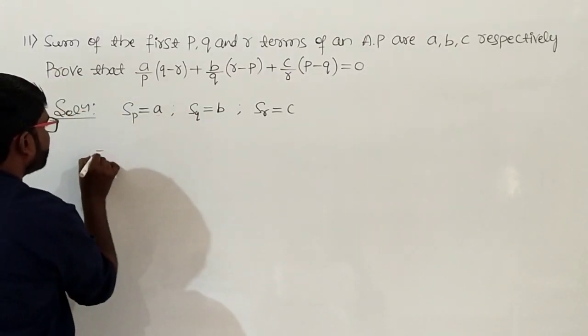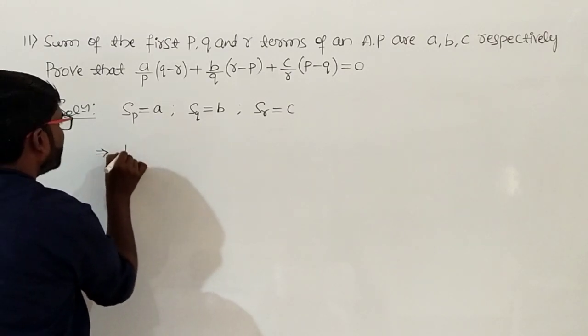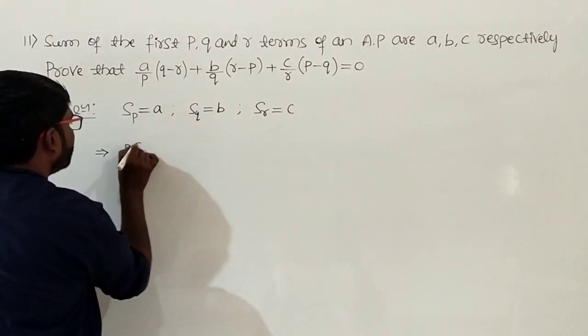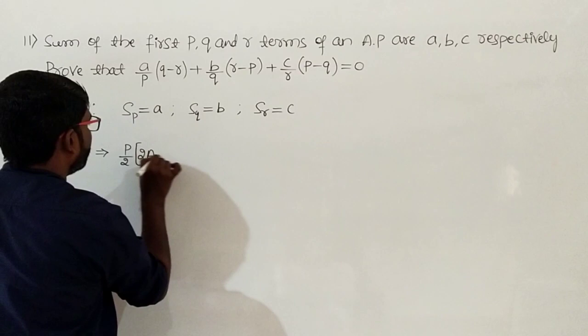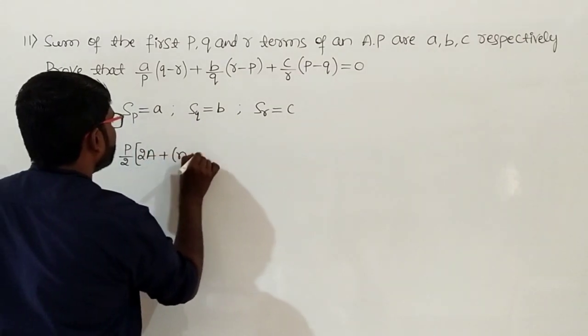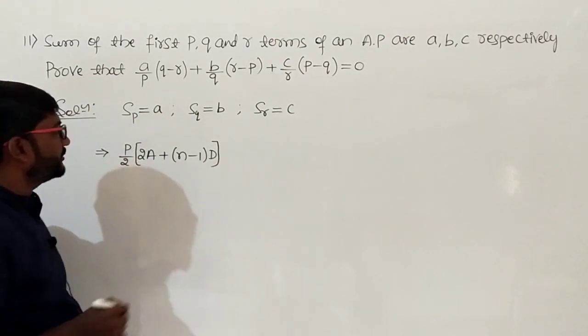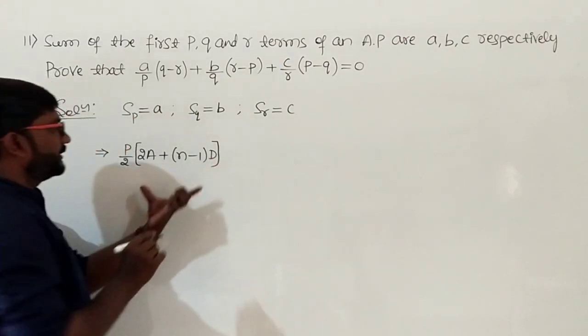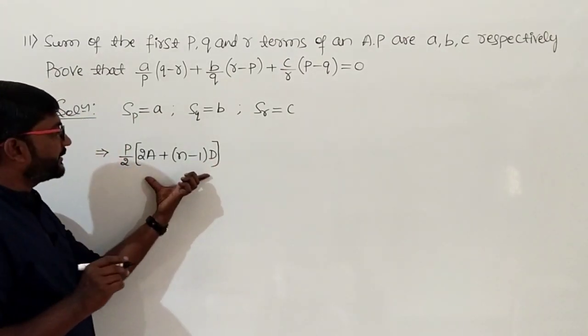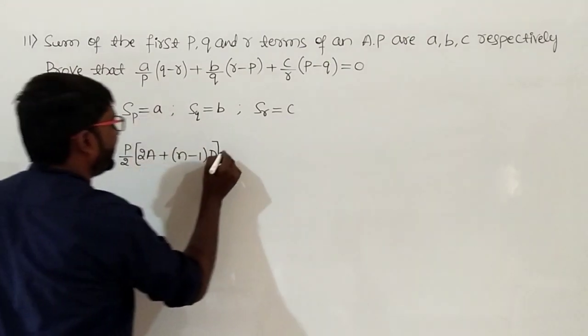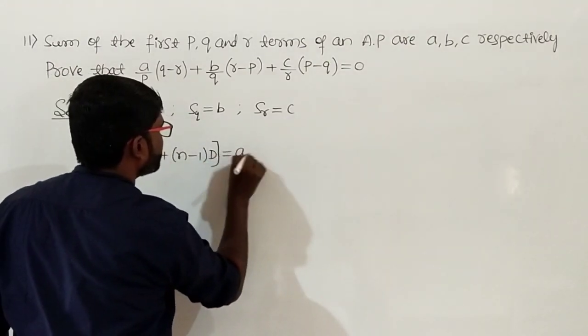Now I will be rewriting this sum of first p terms. This implies p by 2 into the bracket 2A plus p minus 1 into D, which is the sum of first p terms, equals small a.